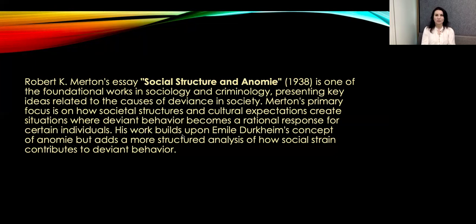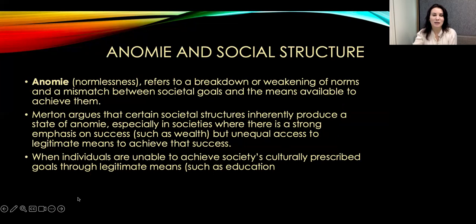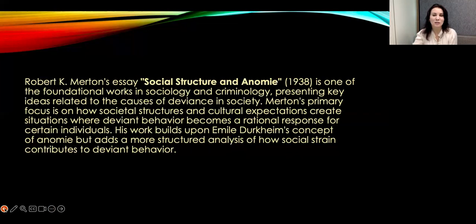The work Merton introduces is on how societal structures and cultural expectations create situations where deviant behavior becomes a rational response for certain individuals. He builds on, of course, Durkheim's work, and he helps us understand why deviance happens in society.